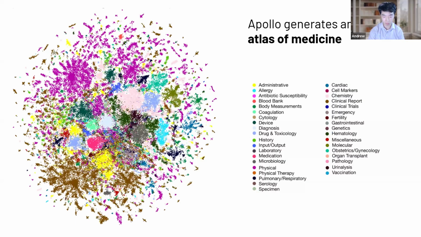What we refer to here as an atlas of medicine is a clustering of all the unique structured medical events, colored by medical topic. These embeddings in the lookup table are completely learned from scratch, and they cluster naturally into these semantically reasonable clusters.